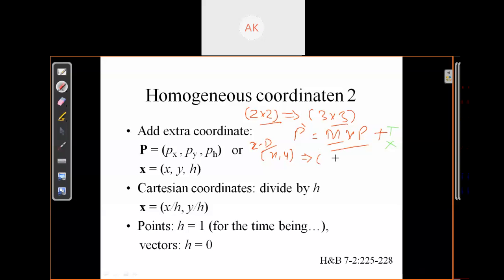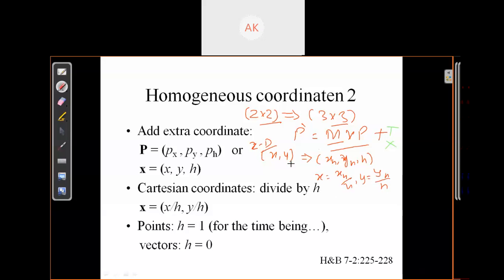We will write these points as xh, yh, and h, where x can be determined by xh divided by h, or y equals yh divided by h.